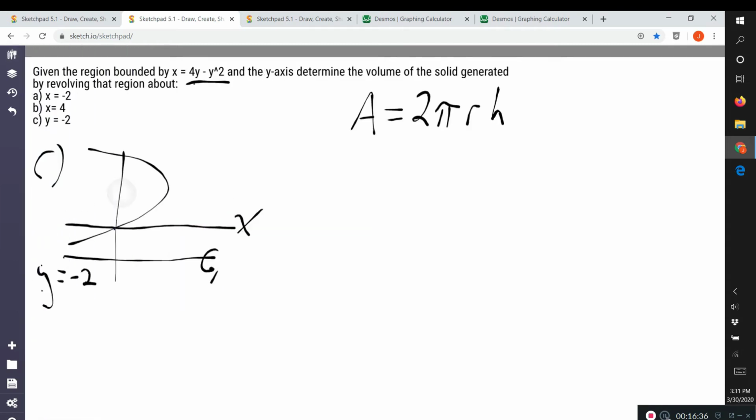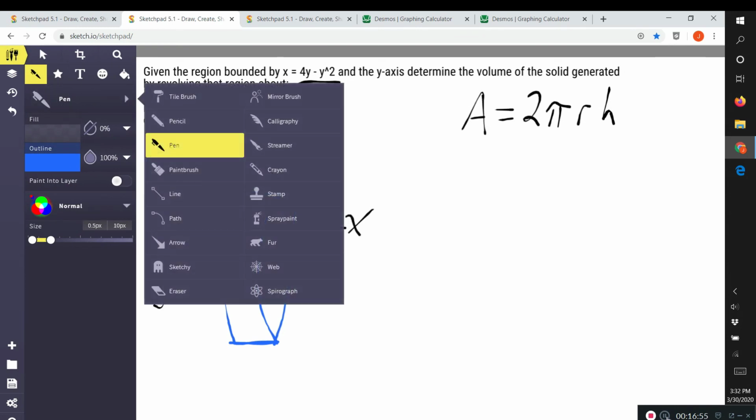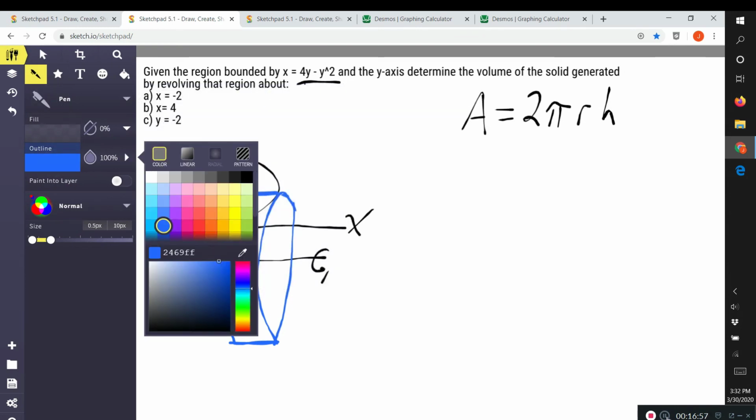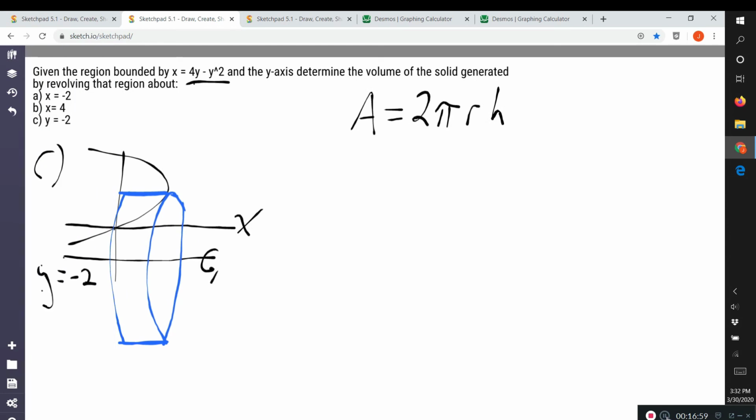Let's say that we have this as the long part. We're rotating it all the way down to here, will be the other side of it. It's going to have a long section here. And that's what our cylindrical shell will look like.